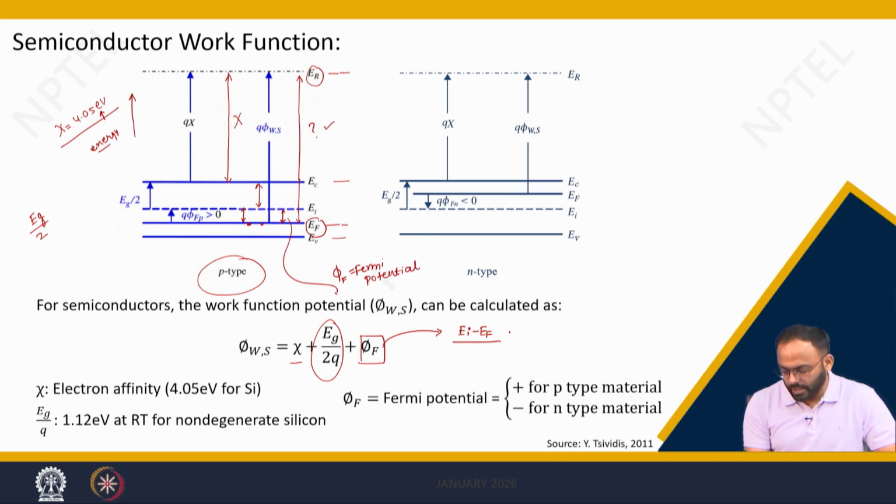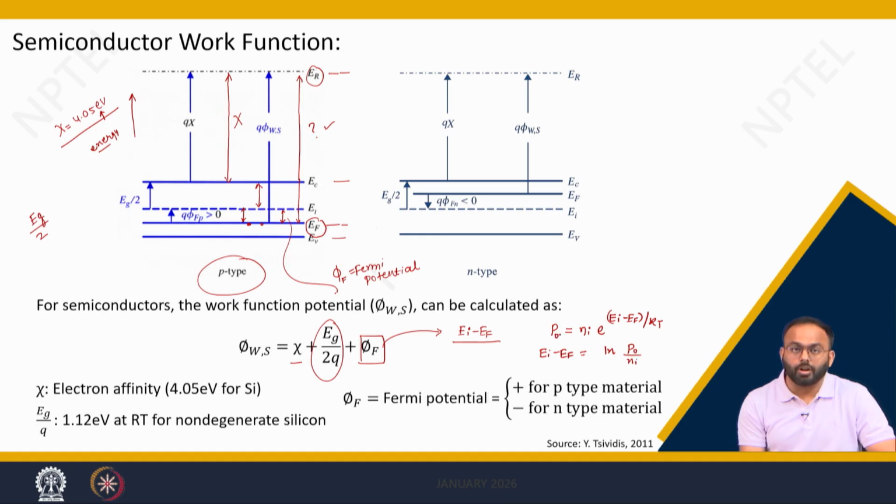From our understanding of the band diagram, we can relate this difference between Ei minus EF to the doping of the p-type material. The hole concentration can be written as ni exponential of Ei minus EF divided by kT, where Ei minus EF equals kT times log of p0 by ni.